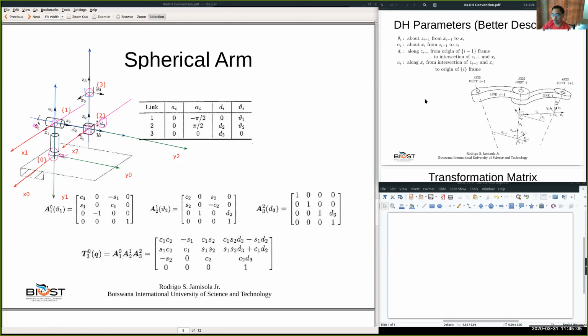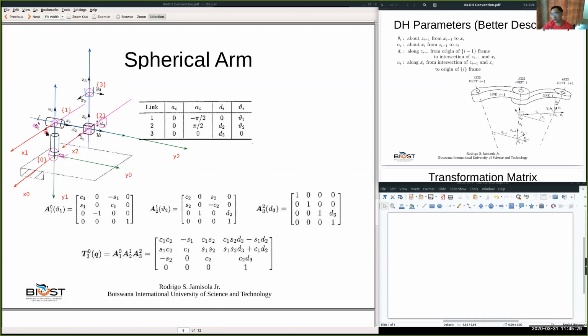Okay, so we know that theta 1 rotates about Z0. So where is Z0? That's Z0. Okay, and from X0 to X1. Where is X0? Let's just spotlight. X0 is in this direction, and X1 is in that direction.